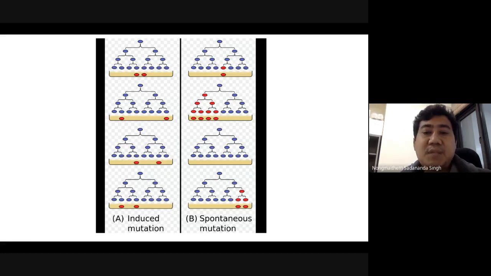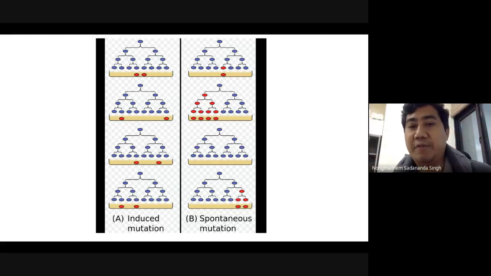In certain scenarios, there may not be any mutation in all 3 generations or 3 cell divisions that you look for. Those will not give any resistant colonies. So basically, it will give you a different number of resistant colonies when it is a spontaneous mutation.